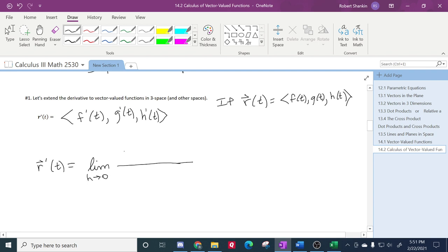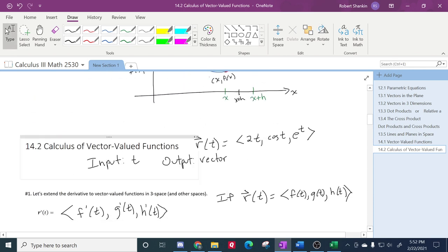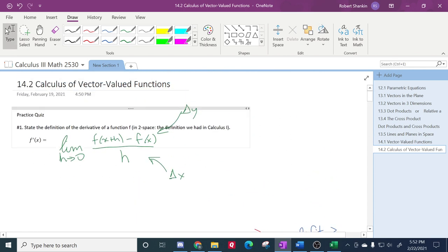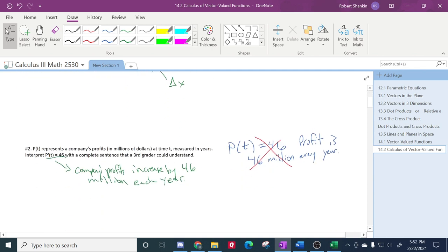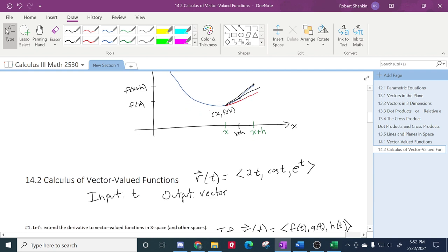We could also do this. Just leave off the prime, just like this is leaving off the prime on this. Okay.